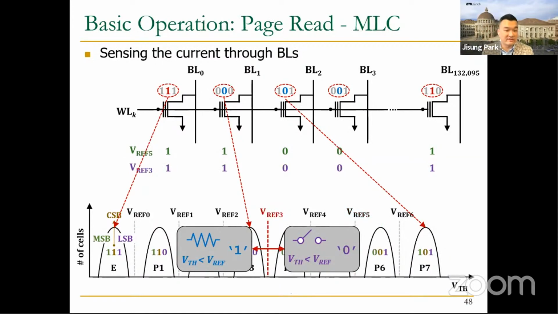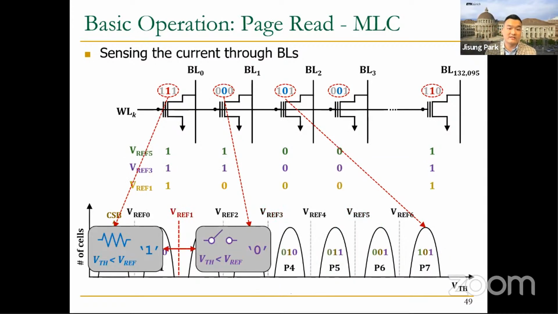And this is the result when using BREF3, and this is the result when using BREF1. These data are temporarily stored in the latching circuit of the page buffer inside the chip. Finally, the NAND flash chip can get the stored CSB data by performing an XOR operation on the results with the sense amplifier circuits.